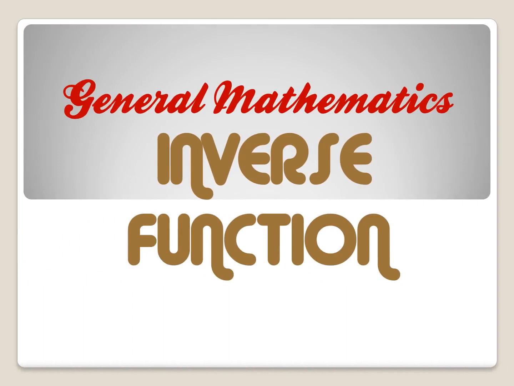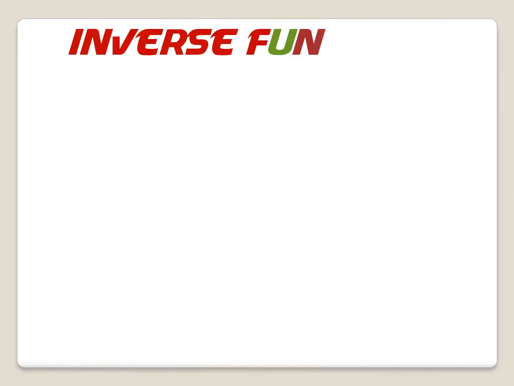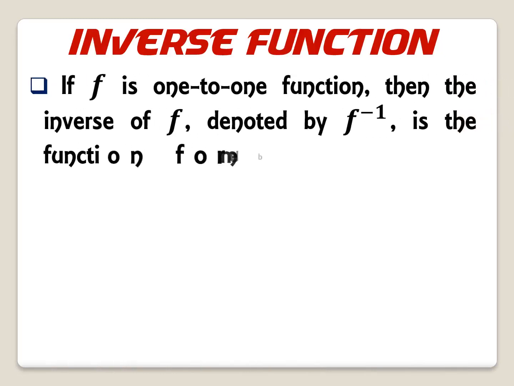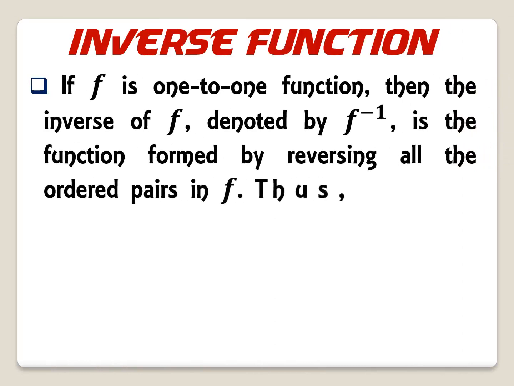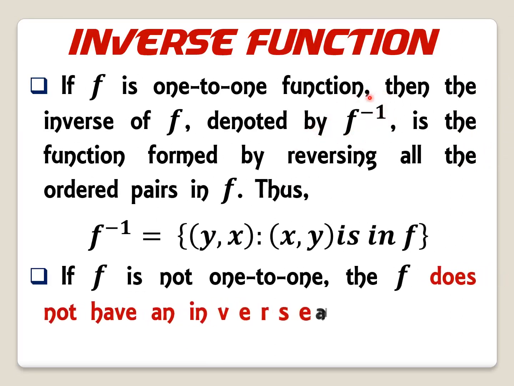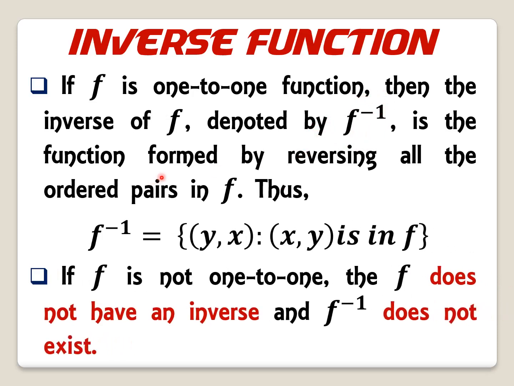Now that you know how to identify a one-to-one function, let's move on now to the inverse function of a one-to-one function. Okay, how do we determine the inverse of a function? If f is one-to-one function, then the inverse of f, denoted by f of -1, this is the symbol for inverse function, is the function formed by reversing all the ordered pairs in f.